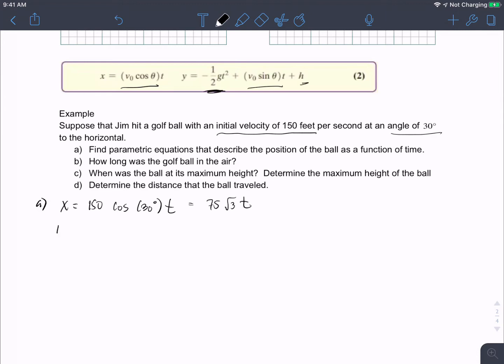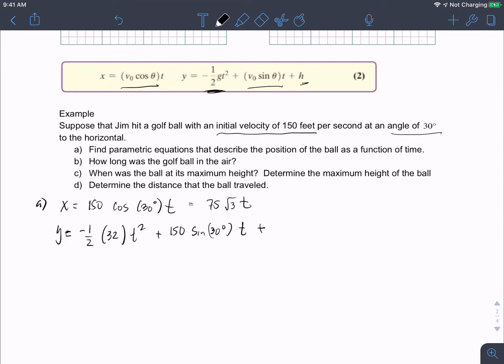And then finding our y is going to be a negative 1/2. And gravity, just so you know, is 32 feet per second squared. And I won't put in those units, but that's what it is. Times t squared plus 150 sine of 30 degrees times t plus our height.